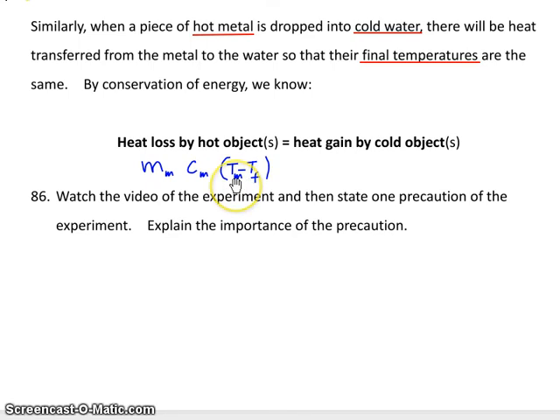Since the hot metal has a higher temperature than the final temperature, we may find the change in temperature by Tm, that is the metal temperature, minus Tf, that is the final temperature. And that energy will be absorbed by the cold object, in that case the cold water.